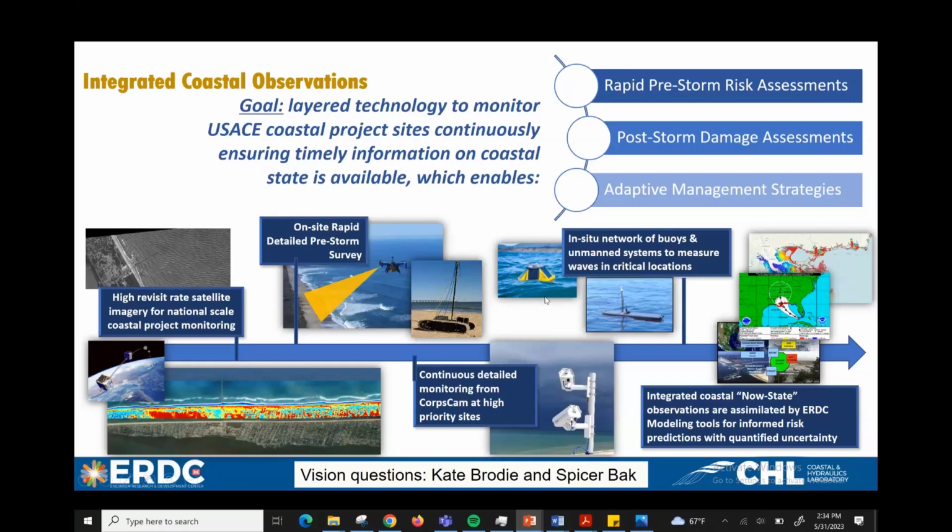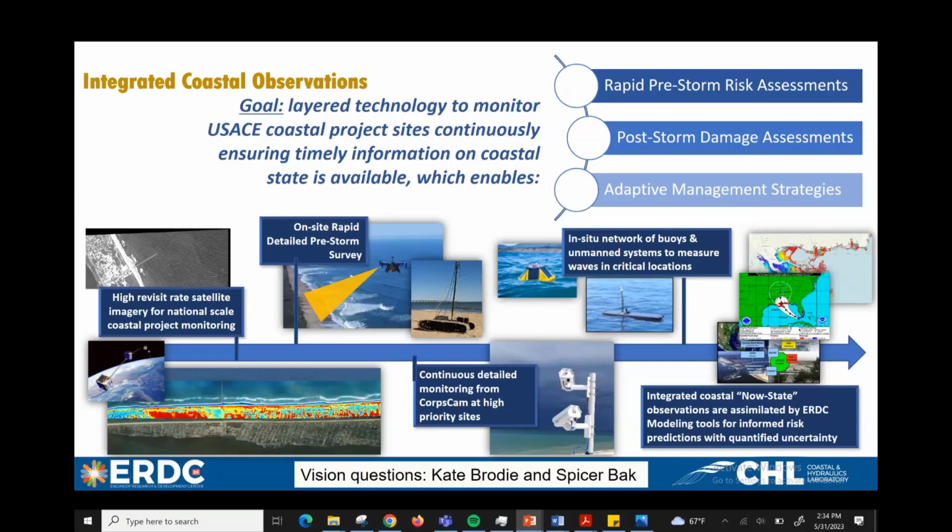We could add wave buoys, or use surface vessels to collect the different environmental conditions. And you could even go as far as adding Coast Cam stations to your site. But again, this satellite piece is a critical component to identifying the now state of your coastline.